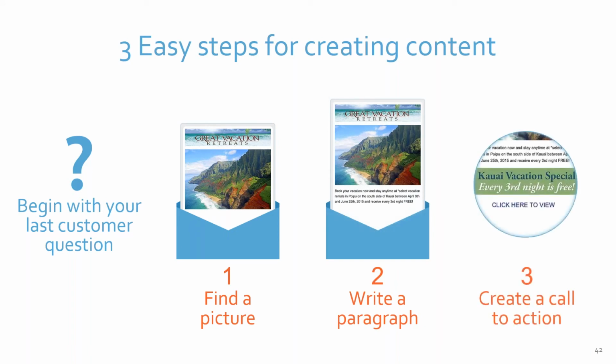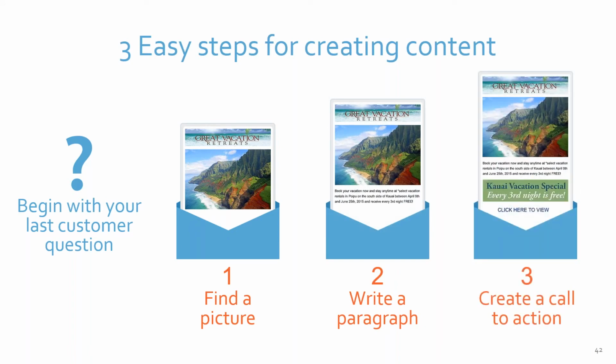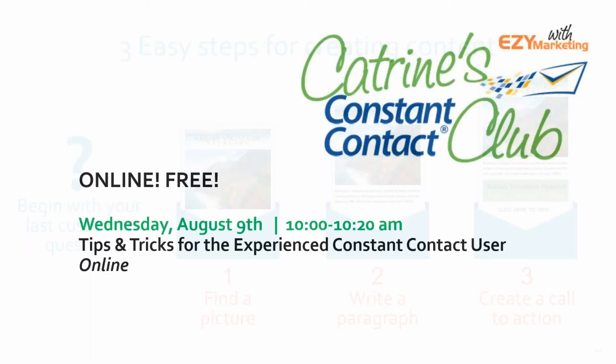Write a paragraph and then create some kind of call to action. Are they going to call? Are they going to download something? Are they going to sign up for something? Are they visiting your website? Are they purchasing something? Whatever your call to action is, make sure you have those. Find a picture, write a paragraph, and create a call to action.